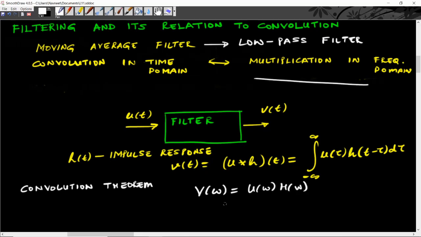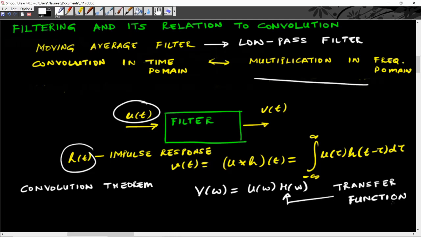That is, the Fourier transform of the output signal is equal to the product of the Fourier transform of the input signal and the impulse response. And this Fourier transform of the impulse response is commonly called the transfer function.